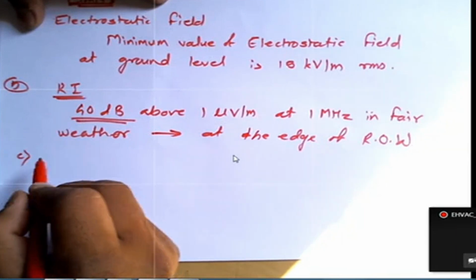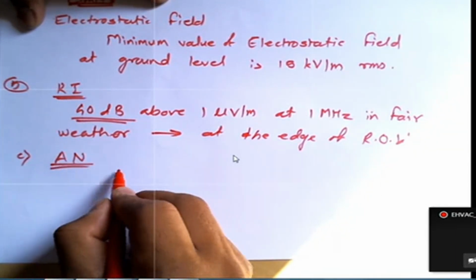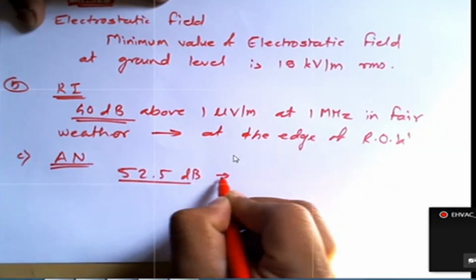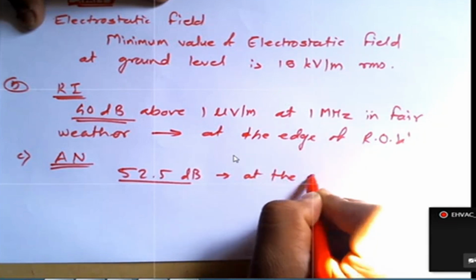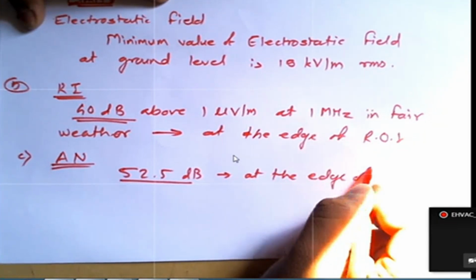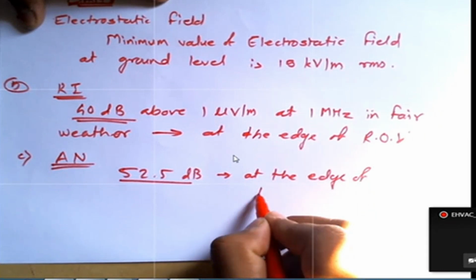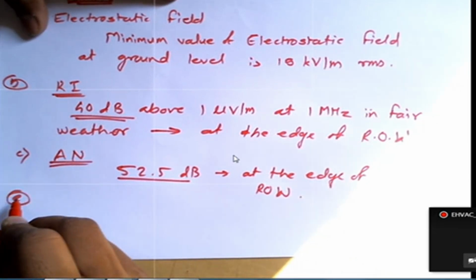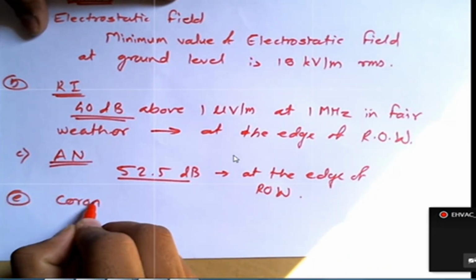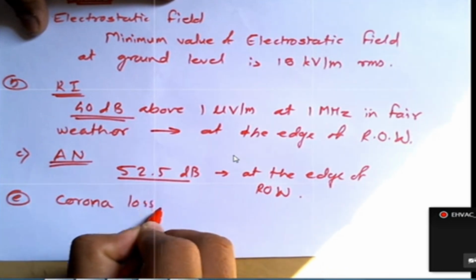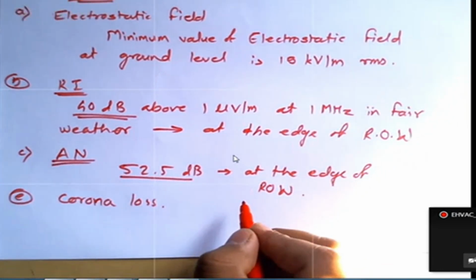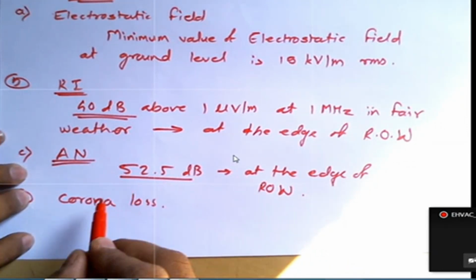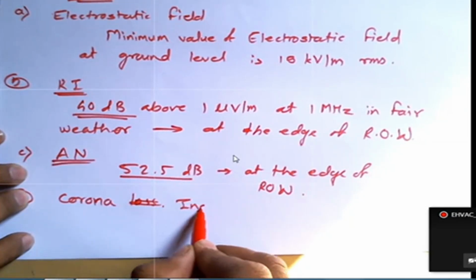Third point, audible noise. So what is the limit for audible noise? It is equal to 52.5 dB, right? And this is also at the edge of the right of way. Then next is corona inception gradient, sorry, not corona loss.